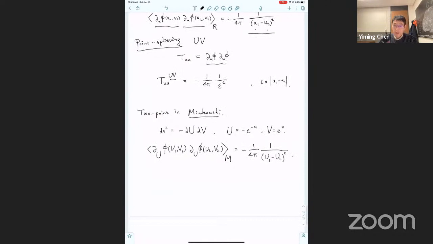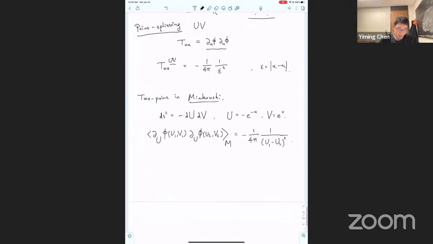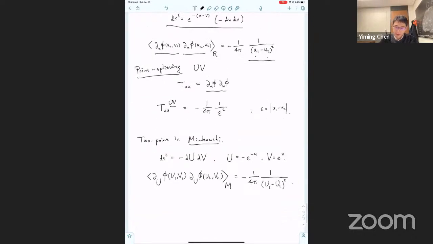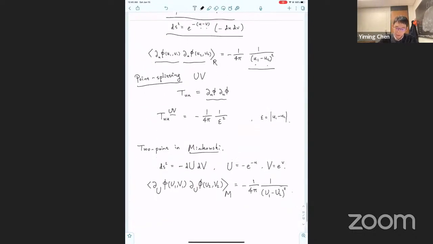And let's now just do a coordinate transformation and express it in terms of the Rindler coordinates, little u and little v.